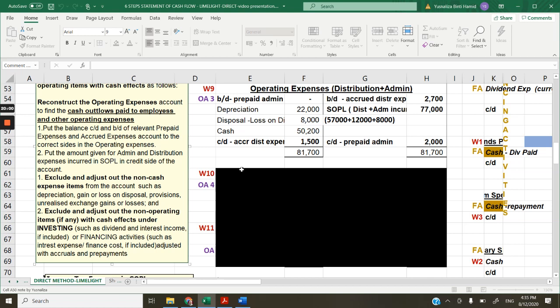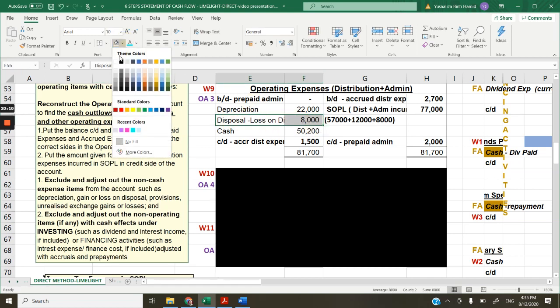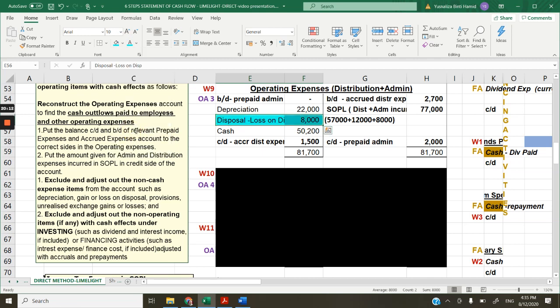Then you need to go and adjust out your non-cash items. So the non-cash item was the one that we have already determined earlier. Remember, you have this non-cash item that was credited to the disposal account, and that was actually debited to the profit or loss if you check your income statement just now.